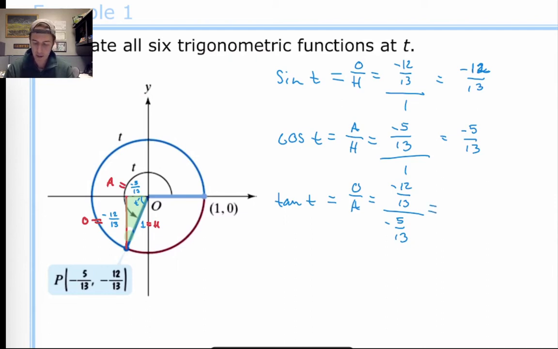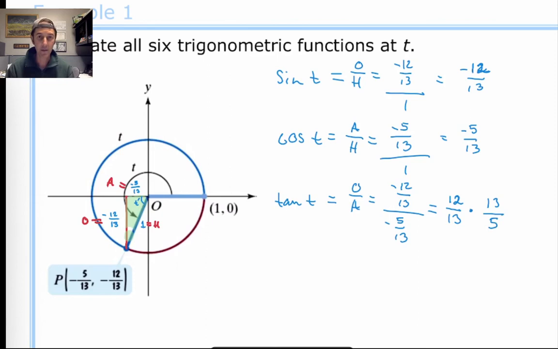And then, in order to simplify this, I'm going to use a technique sometimes referred to as keep, change, flip. Another way to say that is that division is the same thing as multiplication by the reciprocal. So I'm going to keep my now positive 12/13, and I'm going to multiply it by the reciprocal of my denominator, which is now a positive 13/5.